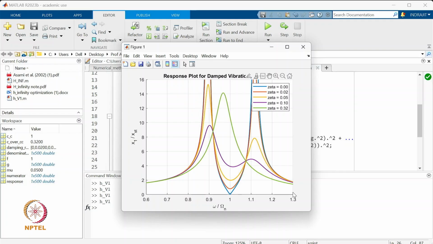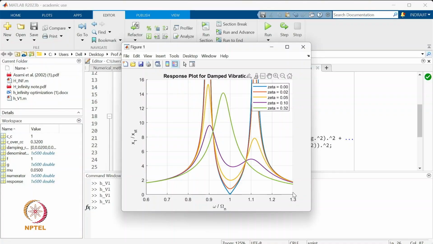That is the dynamic amplification factor of the structure. Here you can see that if we are increasing the damping, then how the H lambda term is getting varied. You can see that the response of that H lambda is changing this way.